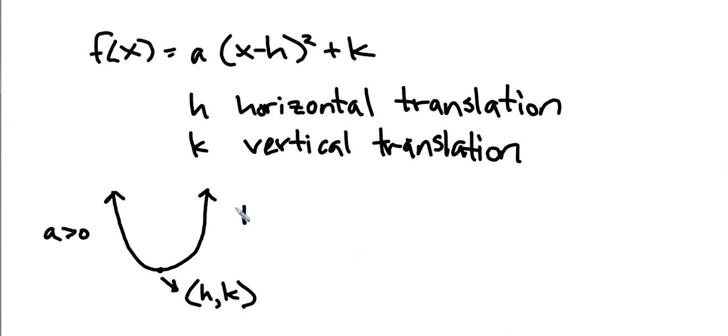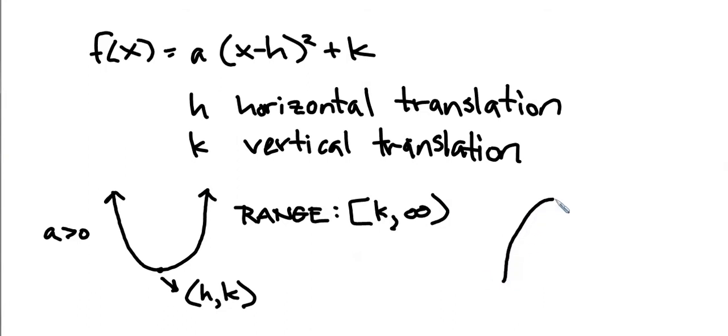So our range then, remember, range refers to the values of y. Our range would start at this value of y, which is k, and it's included, so it would be a bracket k, comma, and it would go all the way up to positive infinity. And again, that would be a parenthesis.